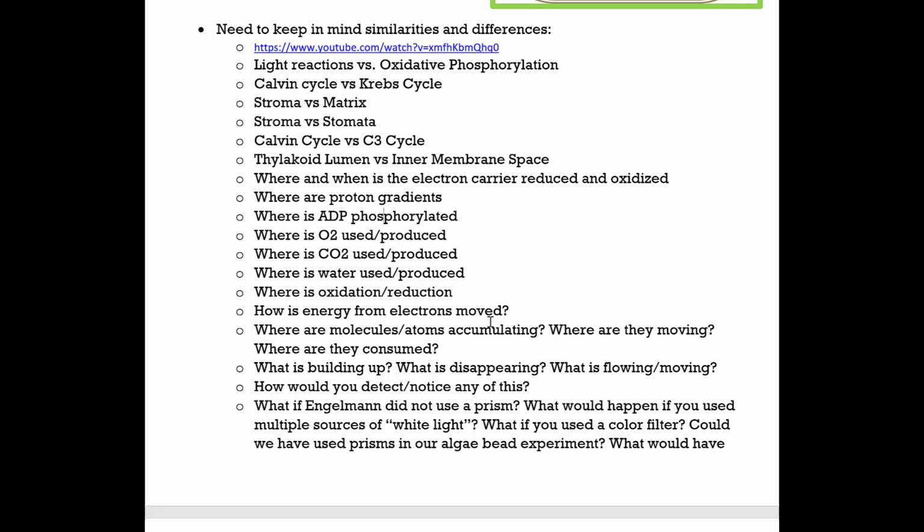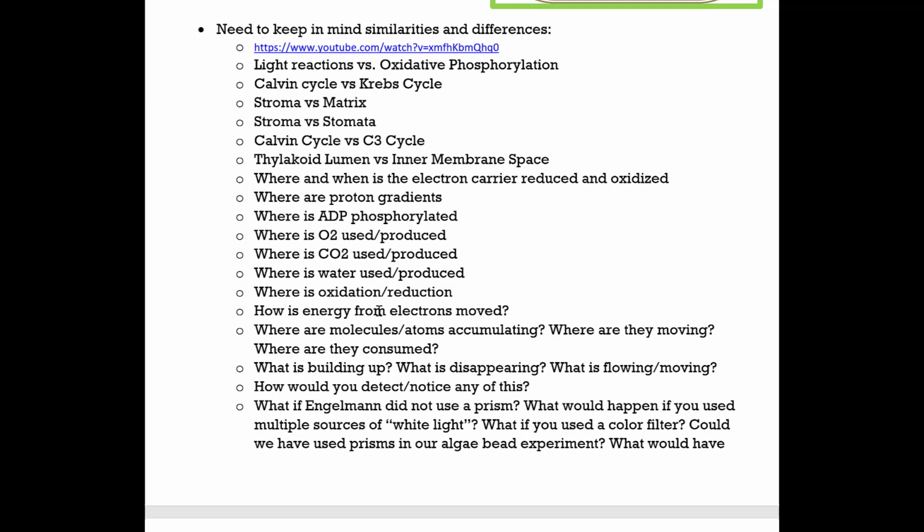And then those electrons are ejected from the reaction center and move through the electron transport chain, and the power of those electrons will decrease as they pump protons against their concentration gradient into the lumen of the thylakoid.